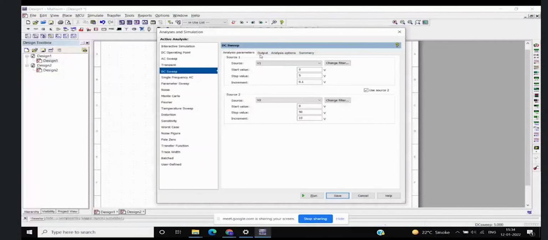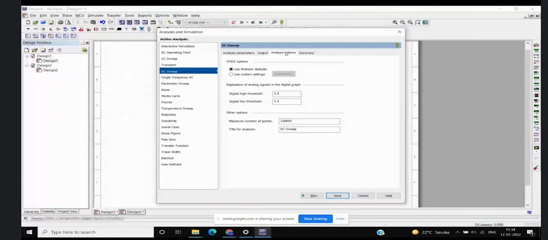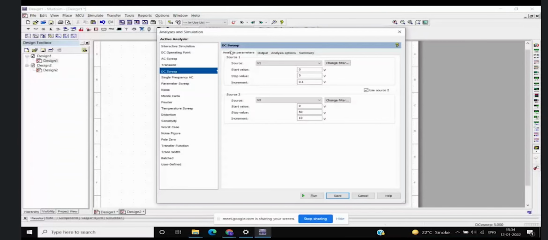Again, go to the analysis parameters. Okay, make the increment 5 for V2.